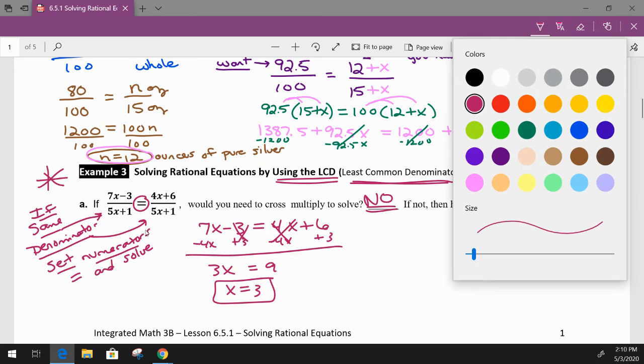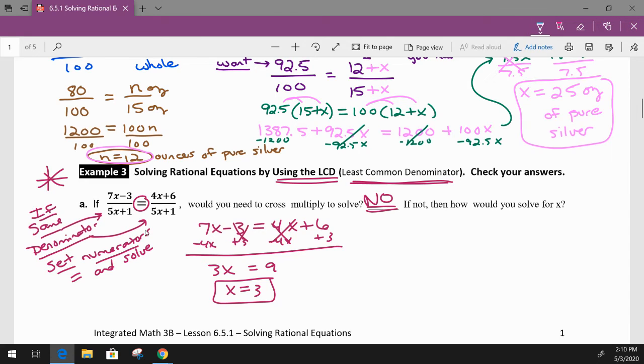keeping in mind that you do have to check your solutions. So the denominator that you have here is 5x plus 1. So the only solution that you are not allowed to get would be negative 1/5. When you're doing these binomials, it's the opposite of the constant divided by the leading coefficient.